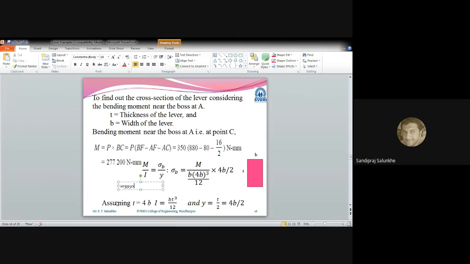What value of b are you getting? It is divided by b cube.